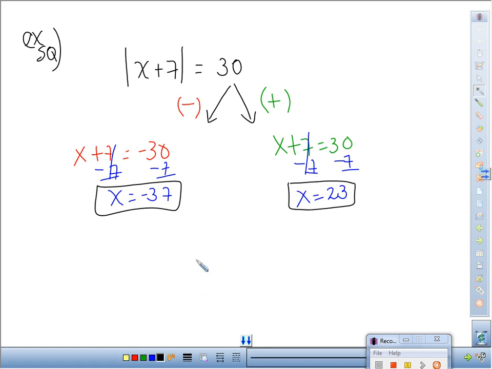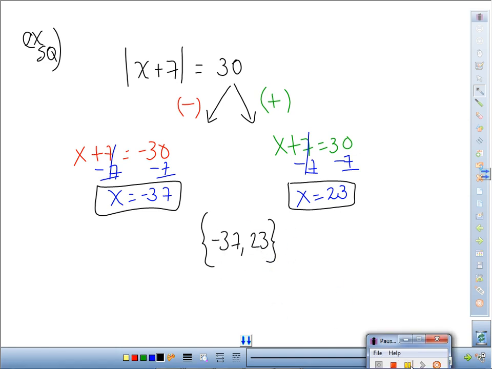Okay. And therefore, my solution set is negative 37, 23. Once again, tell your neighbor what the solution set means. Okay, so hands up if you got that by yourself. Okay, not bad. Okay, let's continue.